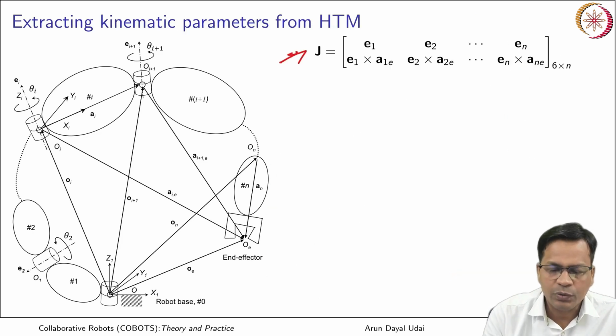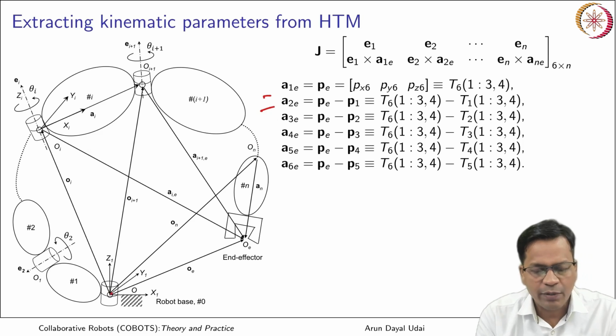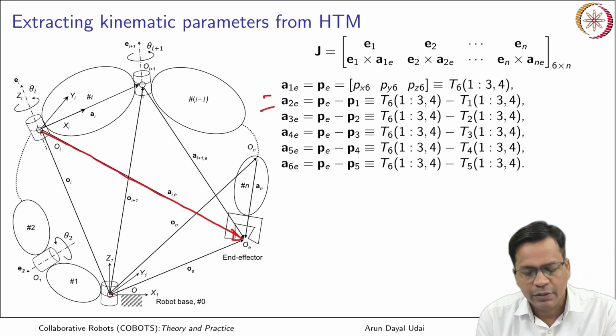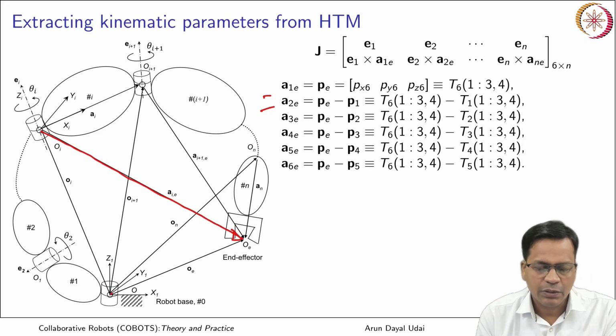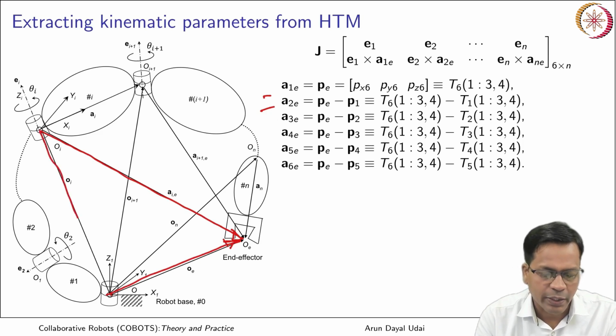So I'll use that here. So let us say I want to find out AiE, this vector. How will I do it? I'll simply use this vector and this vector.